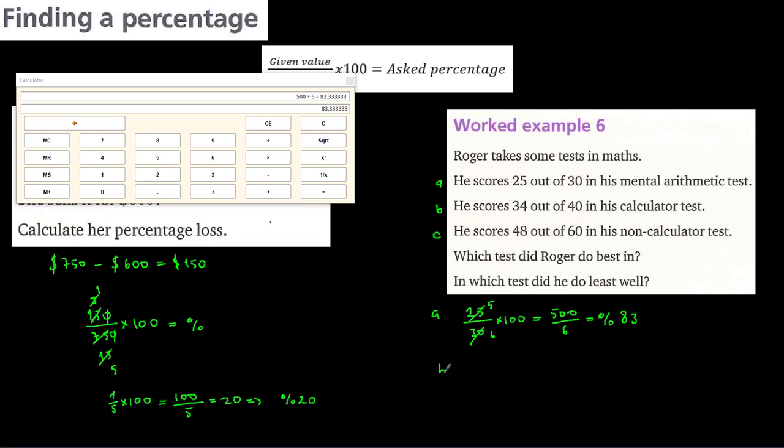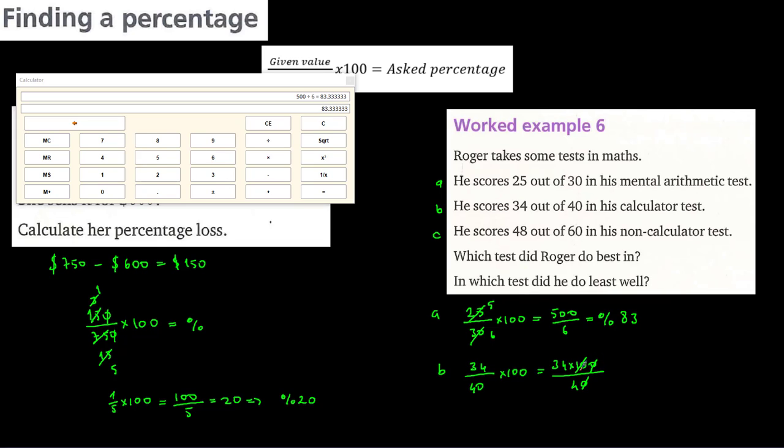In the second one, he got 34 out of 40. So that means 34 divided by 40 times 100, which is 34 times 100 divided by 40. Firstly, we may simplify the zeros.